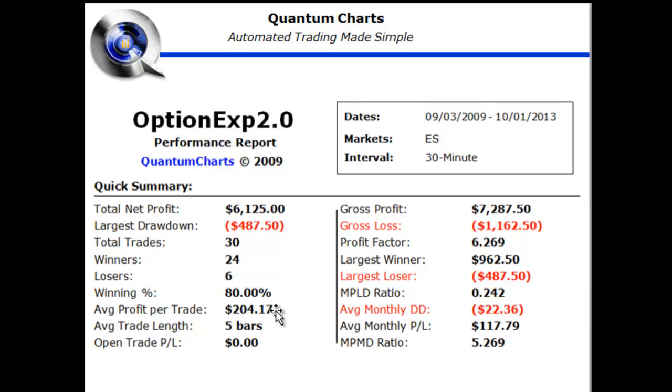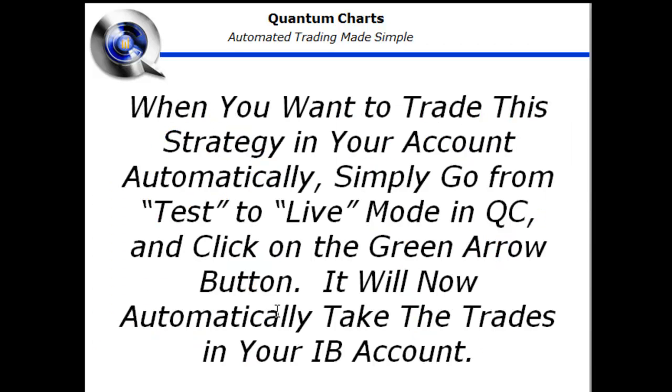So you can do this really quickly, all through the drag and drop process. And when you find a strategy that you're wanting to trade, all you have to do to have it automatically trade in your account is go from test mode to live mode in QC, then click on the green arrow button, and that strategy will now automatically take those trades in your account at IB, or Interactive Brokers.